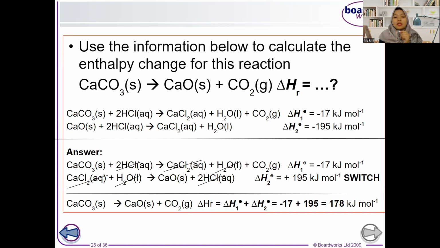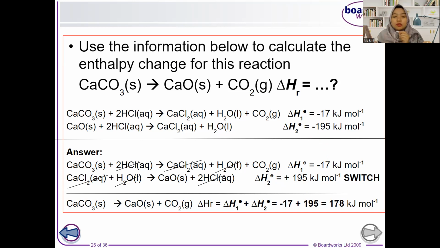Okay, the important thing here is if you switch the reaction, it will change the symbol of the delta H. If it's minus or negative initially, it will be positive after we switch the reaction. That's an important note.